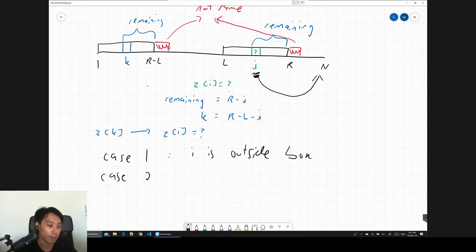Because I is outside my box, I do not have an equivalent box on the left. Because I do not have an equivalent box on the left, I do not have prior computation, I do not have any memoization to use. So when case 1 occurs, you have no choice but to perform all of the comparisons. No dynamic programming will be possible.